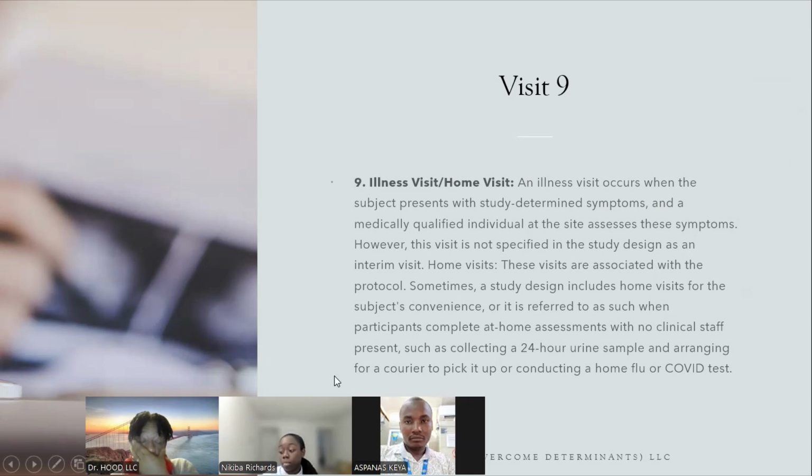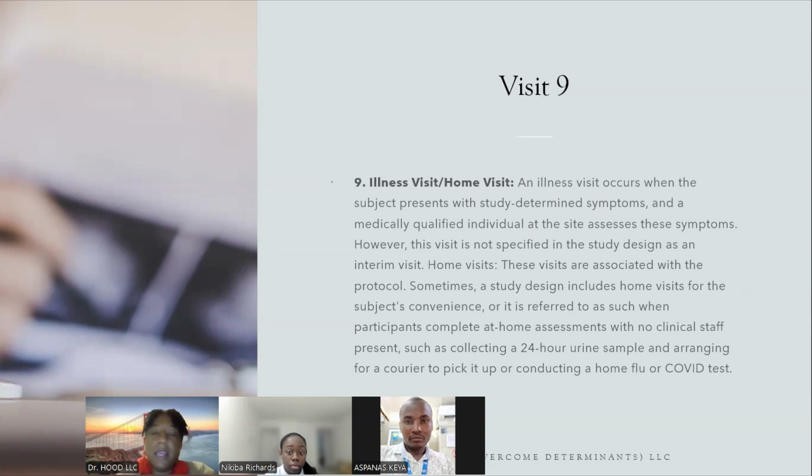Not all visit windows will have these types. A lot of protocols don't have these types. But again, dealing with vaccine studies, we did have a visit type called the illness visit. And that is if the patient exhibited some symptoms regarding the indication that we were following up, they had within 72 hours to come into the clinic so we can do necessary testing, swabs, lab draw, and PI physical exam.